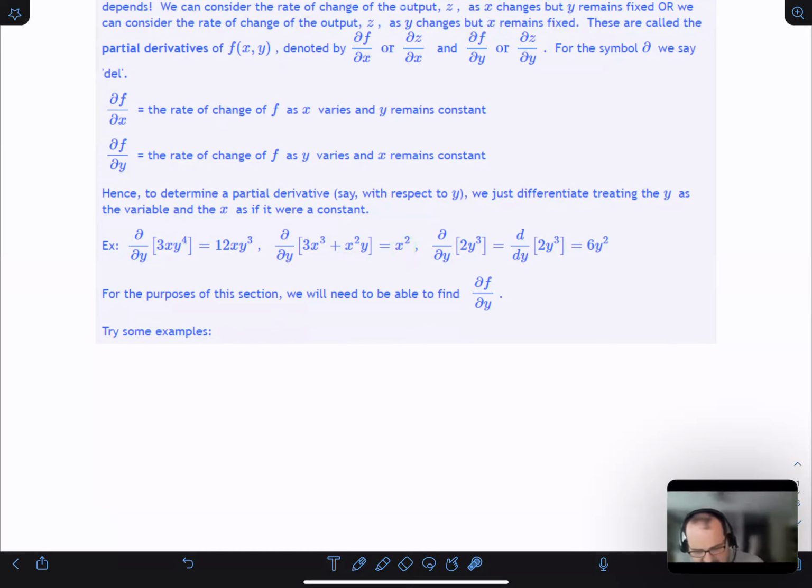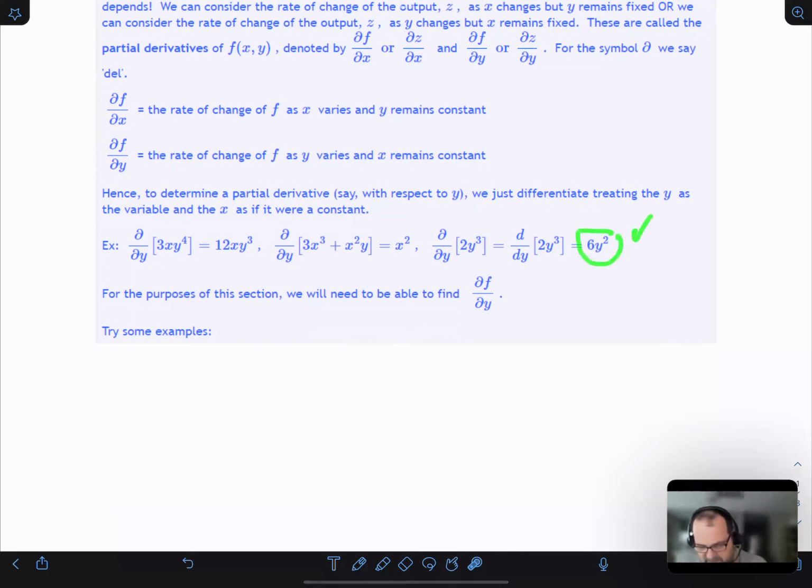Last but not least, and this will be relevant to our exercise that we were talking through, is the partial derivative of a function of y only. So del y of a function of y only is no different than taking the derivative with respect to y. So del y of 2y cubed is dy of 2y cubed, which of course is 6y squared.